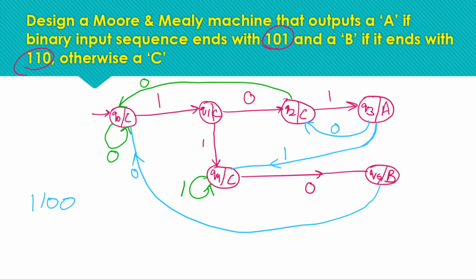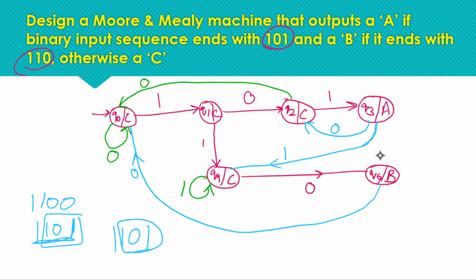But if we get a 1 on q5, we have 1 1 0 in hand, and if the next symbol is 1, the pattern moves from 1 1 0 to 1 0 1.